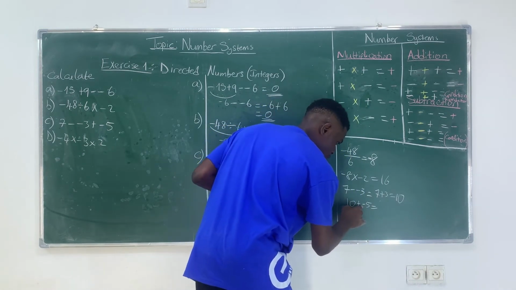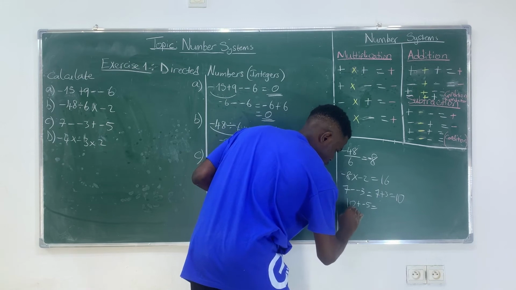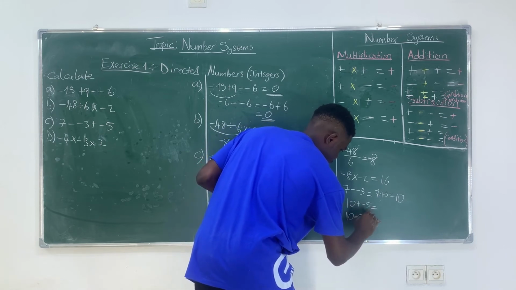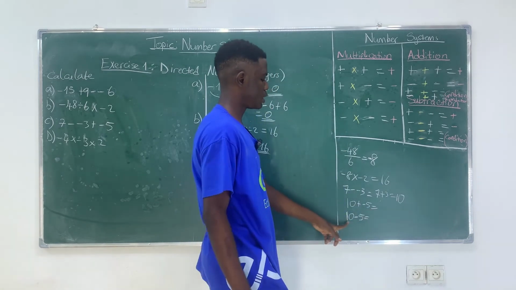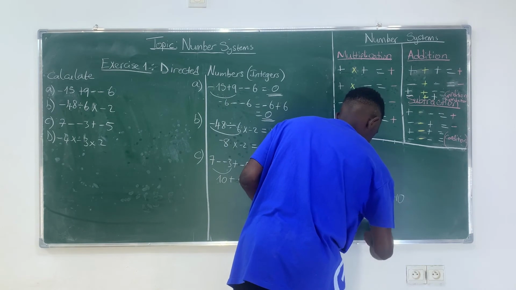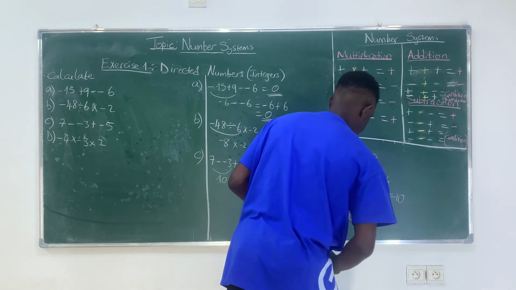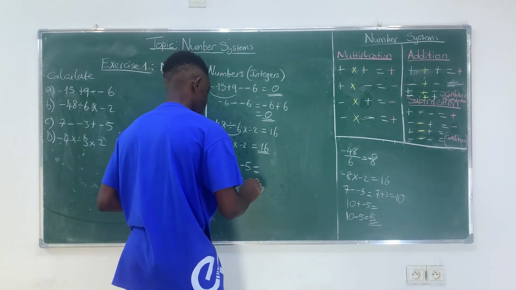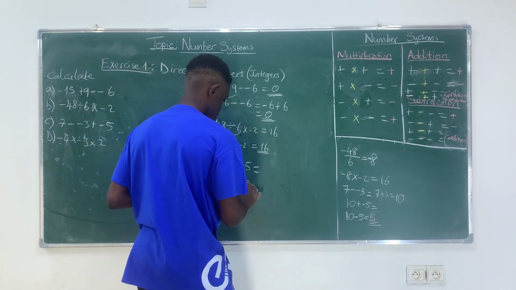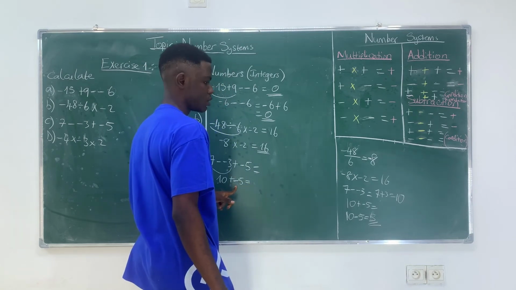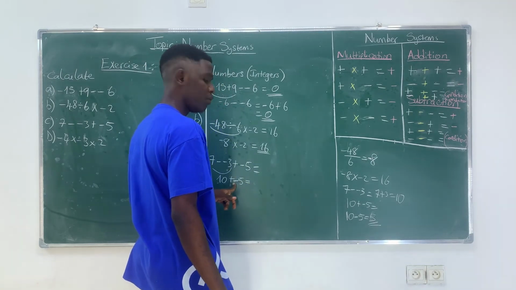You consider just the minus. So what am I writing here? 10 minus 5. And what is 10 minus 5? 5. I have my answer as 5.